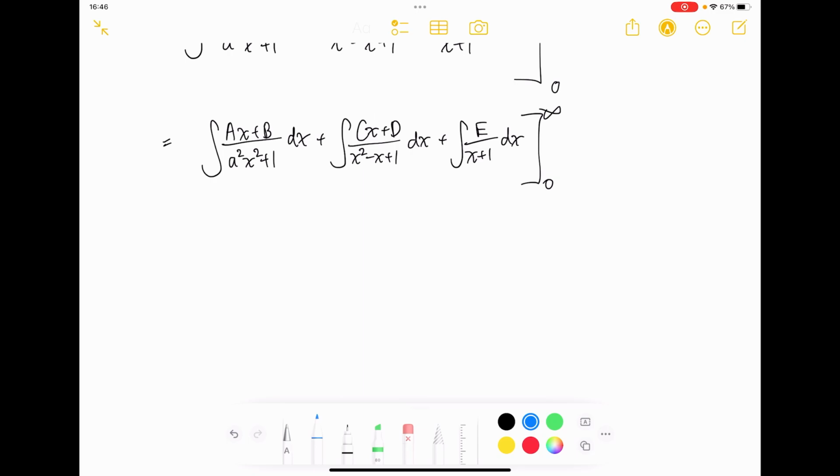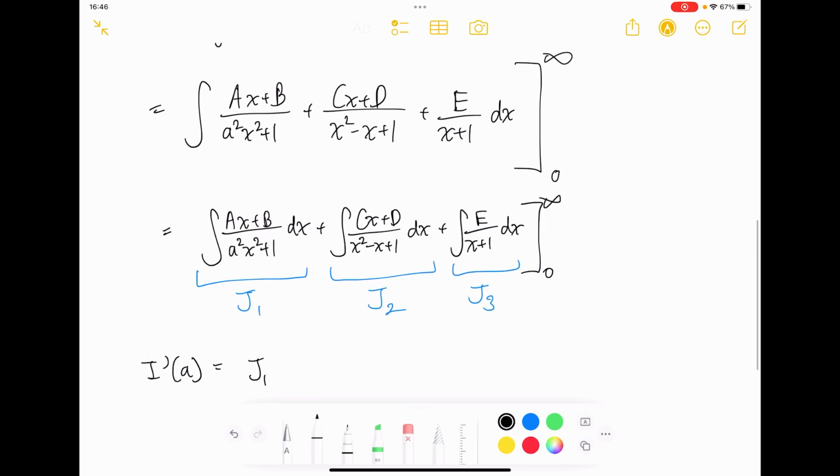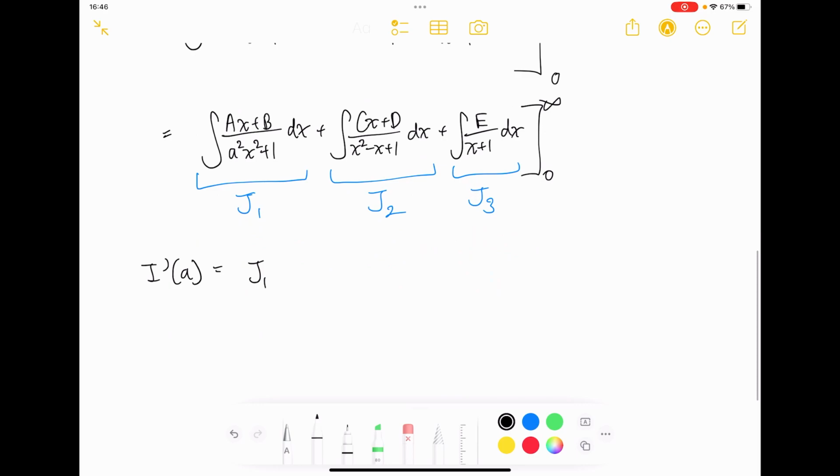And these integrals, I have named this one J1, this one J2, and this one J3, just so that we can easily keep track of them. And yeah, so all in all, we have I prime of A is equal to J1. Technically, these are now functions of x because they don't have bounds right now.